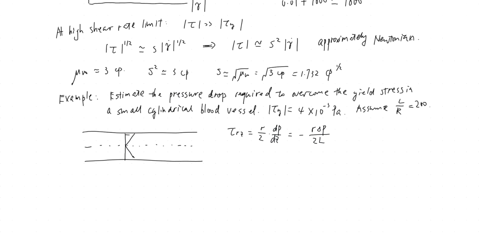Actually I'm drawing along the opposite direction. Let me change this direction, so that we recognize that it's a negative shear stress. This is tau RZ as a function of R. This is our R coordinate. This is our Z coordinate.